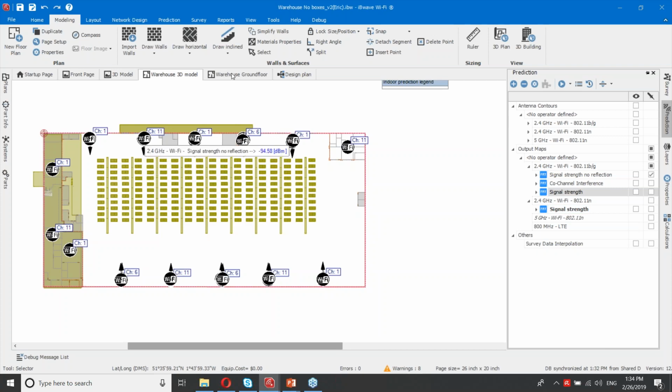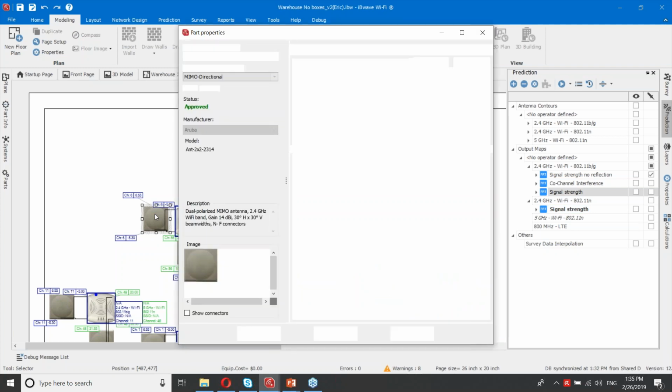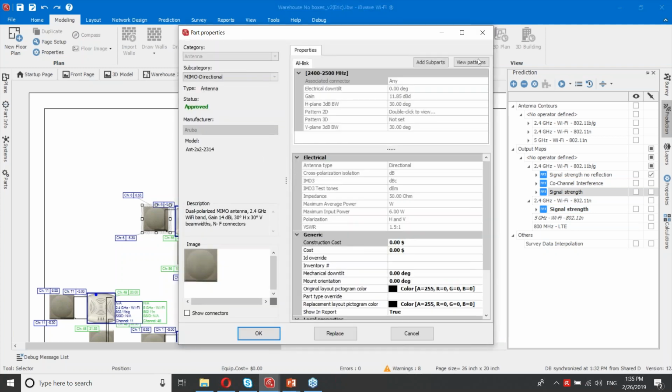Well, if I go to design plan, I'm going to click on this antenna, which is a Wi-Fi MIMO antenna that covers 2.4 gigahertz.